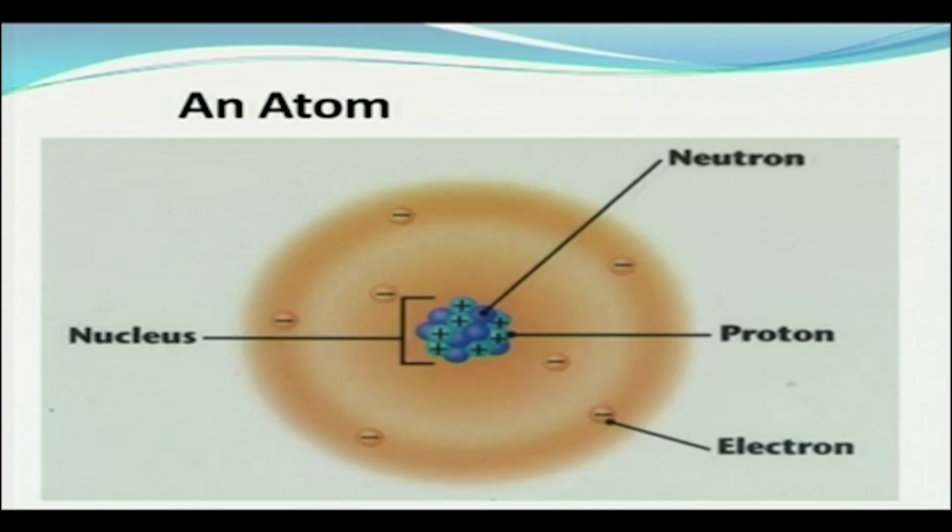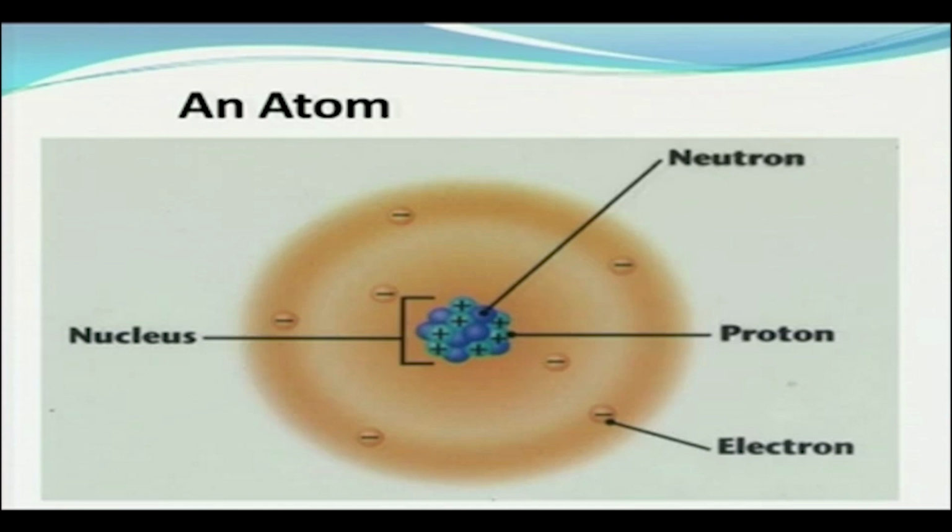This nucleus has positively charged particles called protons in it and electrically neutral neutrons. And in the first part of this course, it is this core called the nucleus that will occupy our time.